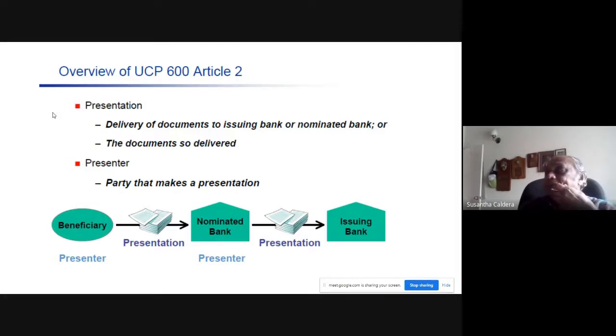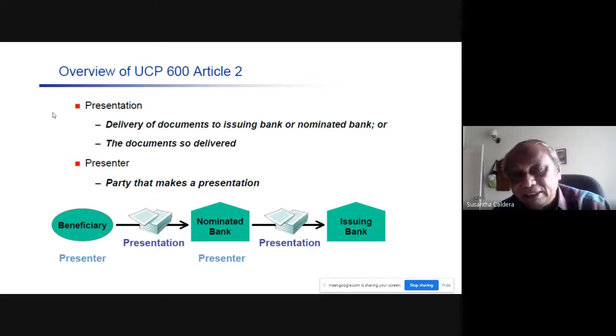That's why I took it to use it for you, and it is very nicely presented with animations, with cartoons. A delivery of documents to the issuing bank or nominated bank, or the documents so delivered.